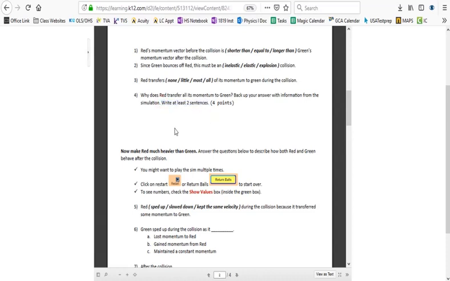I can't write on this, I wish I could, but please include the word mass because that's what we changed. We looked at velocity. We looked at momentum. We looked at the momentum before and the momentum after, so the conservation of momentum. Those are the key words for question 4.